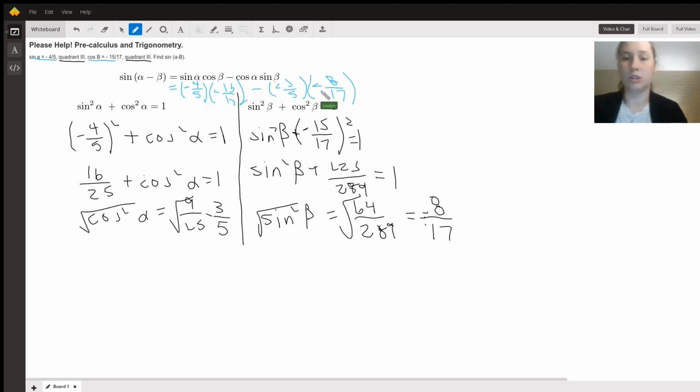I'm sure you can do that from here on out. I hope that helps a little bit in understanding the process of being able to find the difference of the sums.